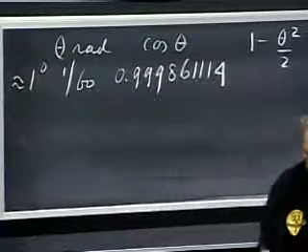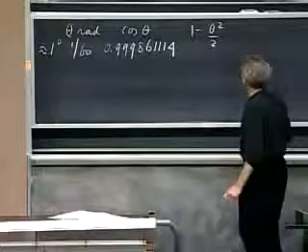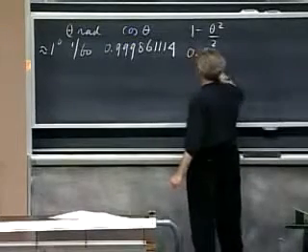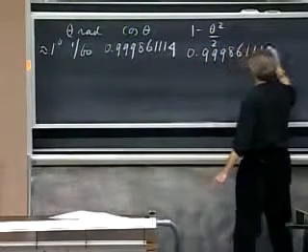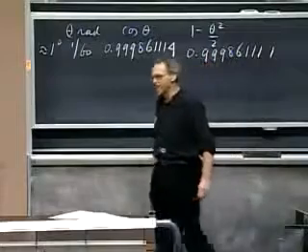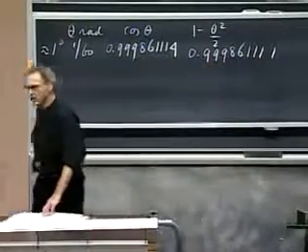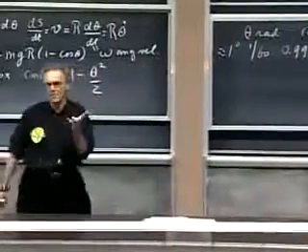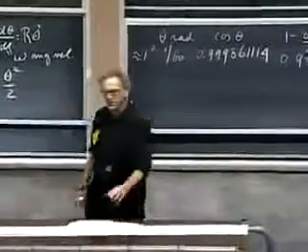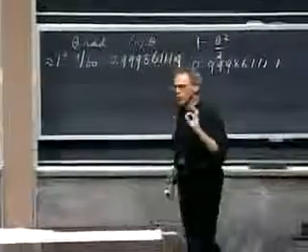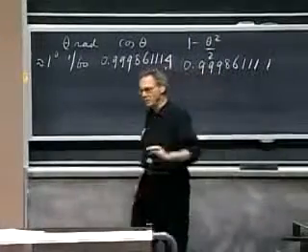Then I calculate what 1 minus theta squared over 2 is, and I find 0.999861111. That is very, very close. That only differs by 3 parts in a billion. That means the difference between the two is only 1/3 of a millionth of a percent.